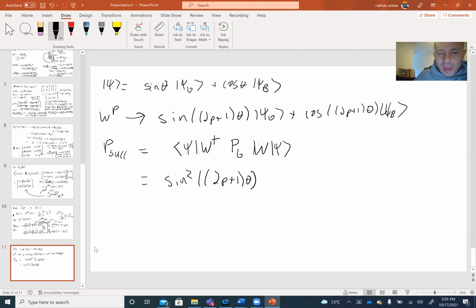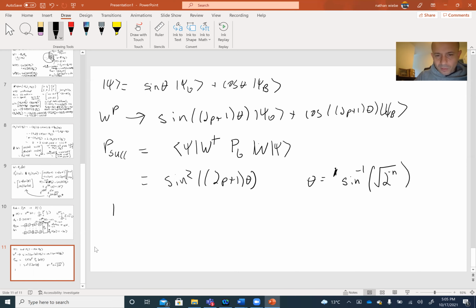And theta over here is, of course, equal to the arc sine of square root of 2 to the negative n. So it's going to be a really tiny angle in general. And we would like to get this probability of success ideally to 1. So let's set this to be 1 on the left-hand side.